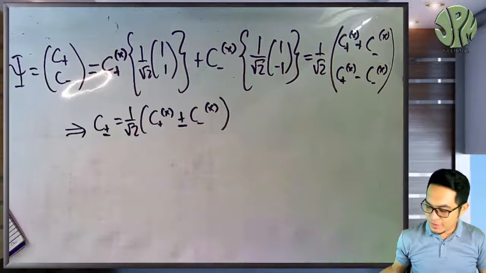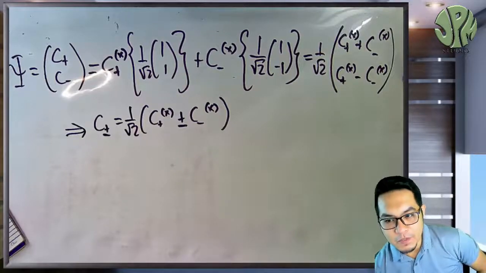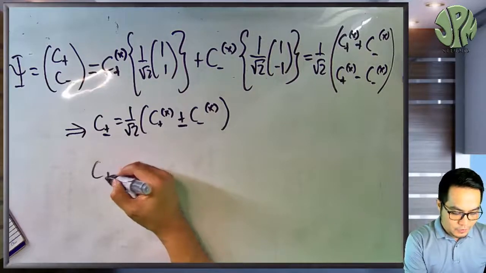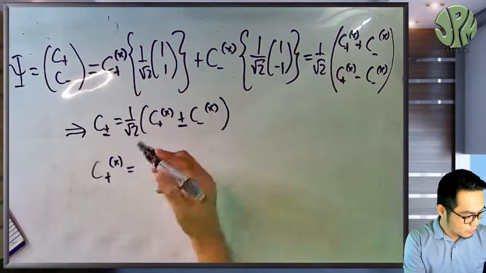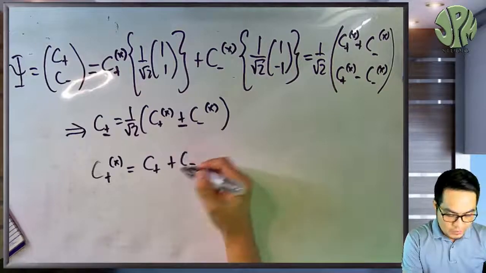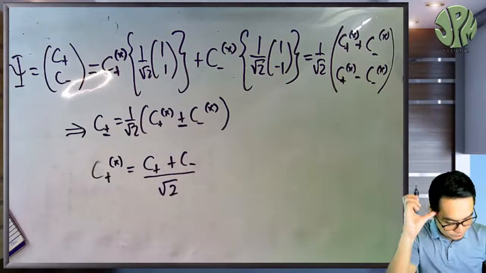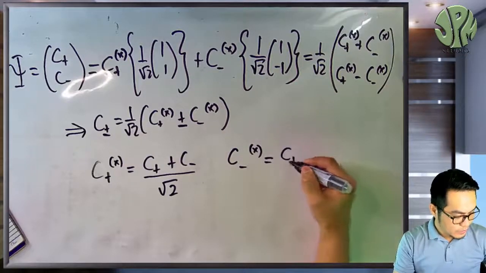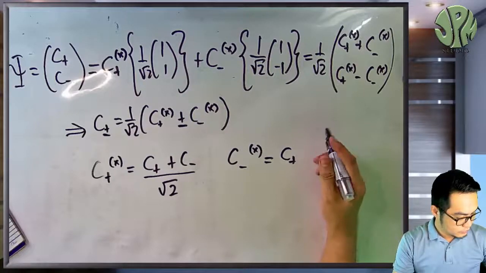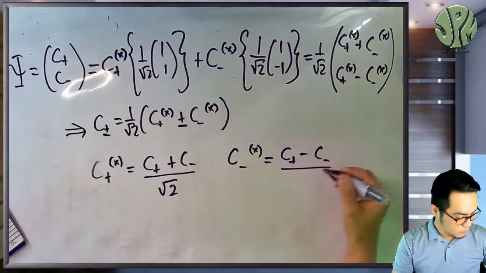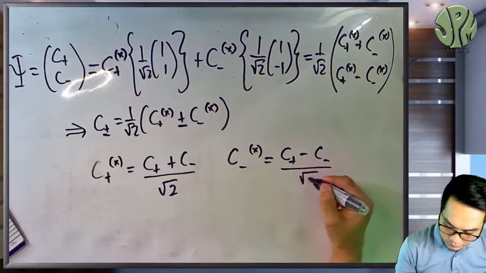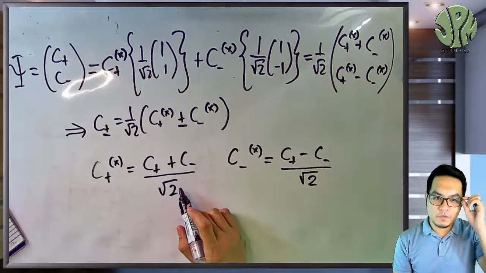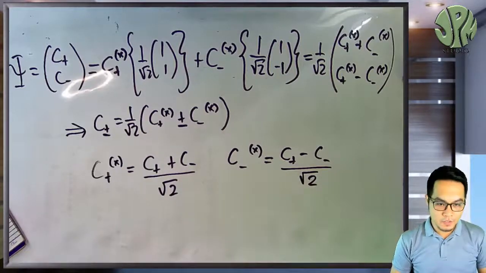We have many methods for solving two equations with two unknowns, such as substitution. You do that, and you'll find that C plus x is equal to C plus plus C minus over square root of 2, and C minus x is C plus minus C minus over square root of 2. So this is the linear combination coefficient for psi plus and psi minus.